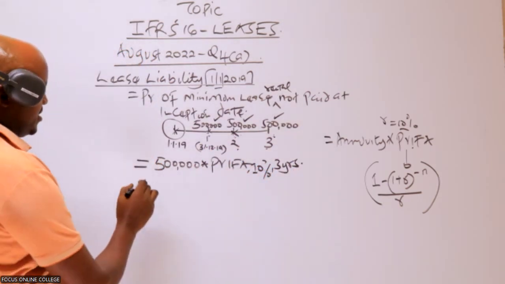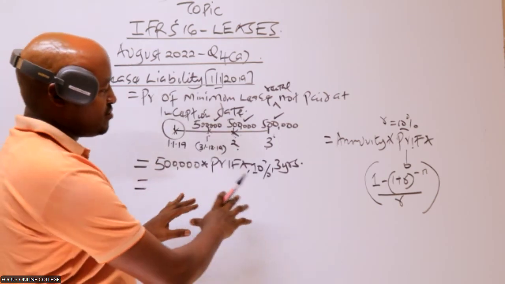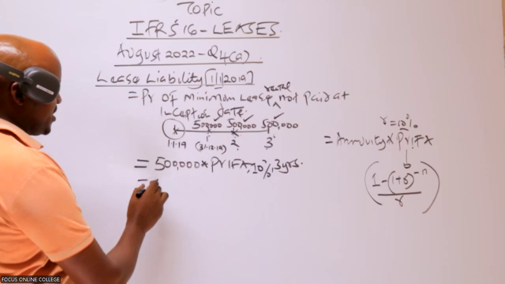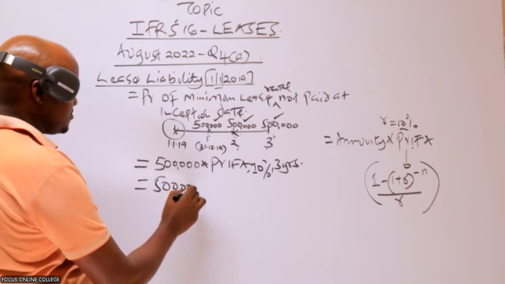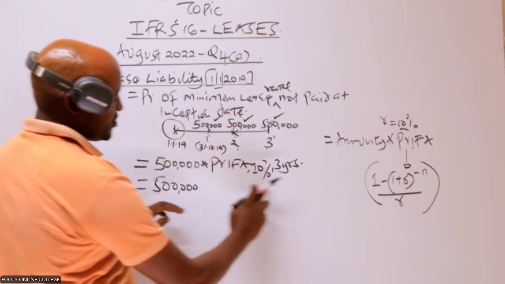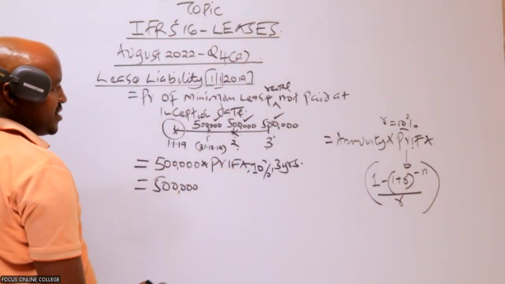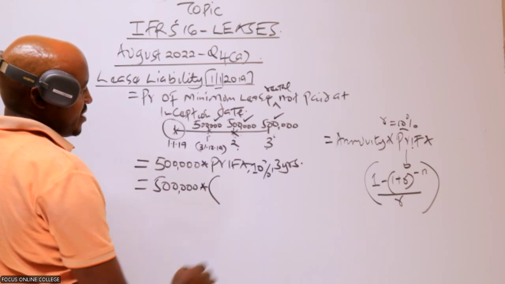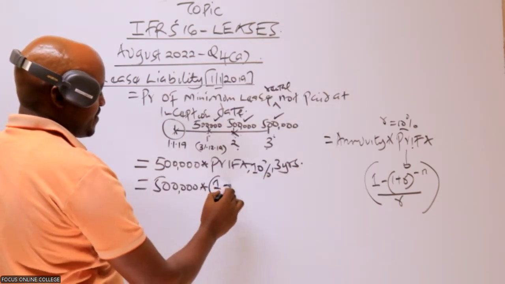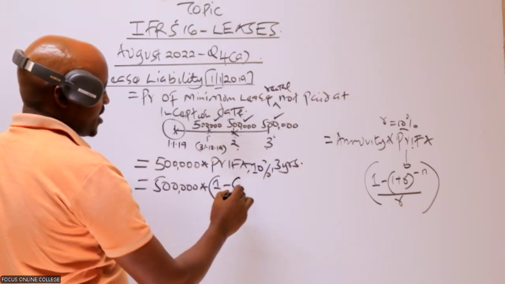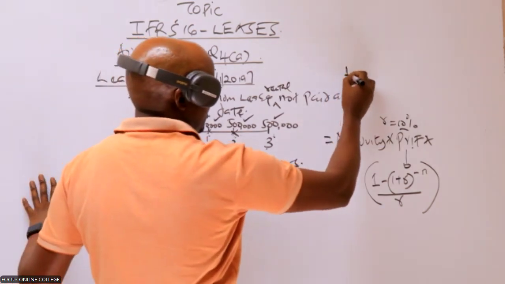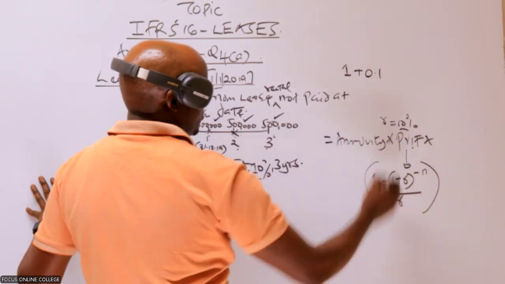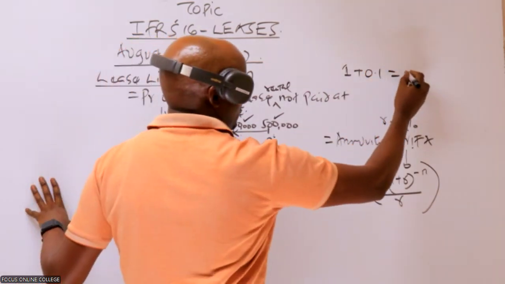I've said this kind of concept you'll be able to understand very well in FM, in financial management. So we take 500,000 and multiply it with the present value interest factor, using the formula 1 minus (1 plus R). Our R is 10%, which is the same as 0.1, so 1 plus R gives us 1.1.